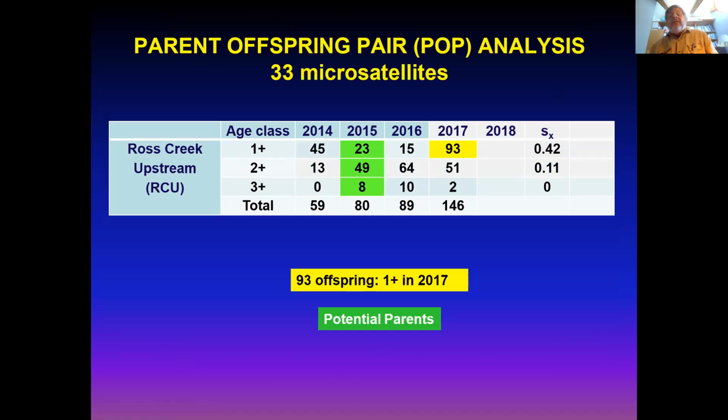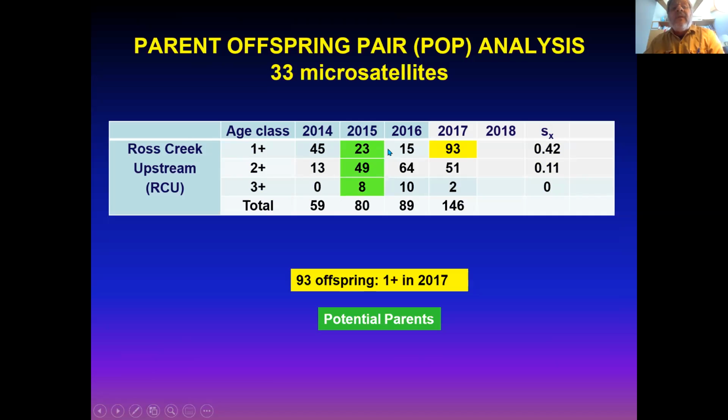And if we want to sample the juveniles and the adults, well, in this stream, Ross Creek, in the upstream portion of Ross Creek in 2017, we collected 146 fish, and 93 of them were 1 plus. If they were 1 plus in 2017, they would have hatched.